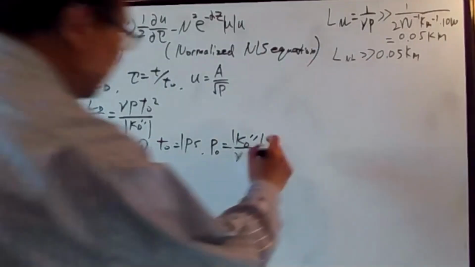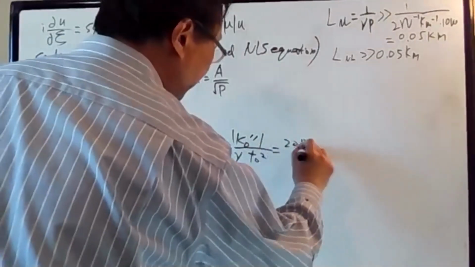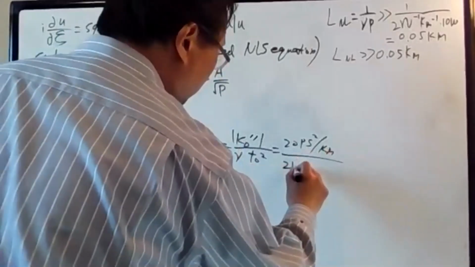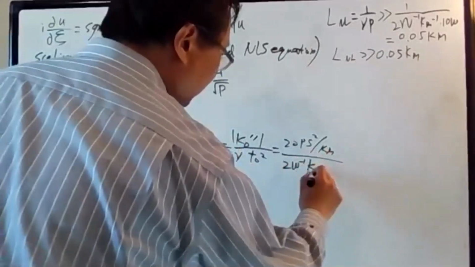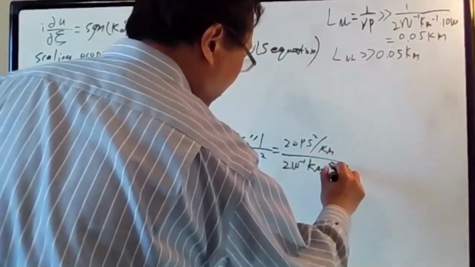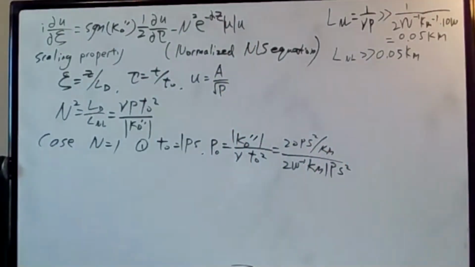Right? Okay, so this is 20 picosecond square over kilometer divided by 2 inverse watt inverse kilometer. T naught is 1 picosecond square, right? 1 picosecond square.